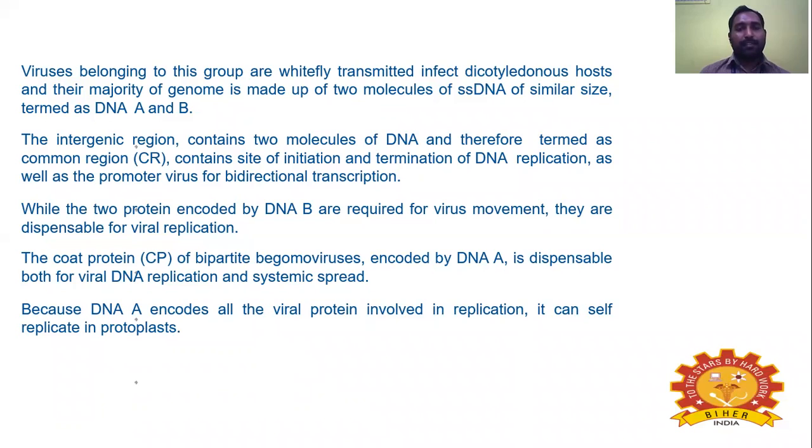There are also genes for cell movement and cell replication, and the coat protein, the CP. The bipartite begomovirus encoded DNA A is used for replication and also for systemic spread. And this DNA A encodes proteins which are very useful for replication.